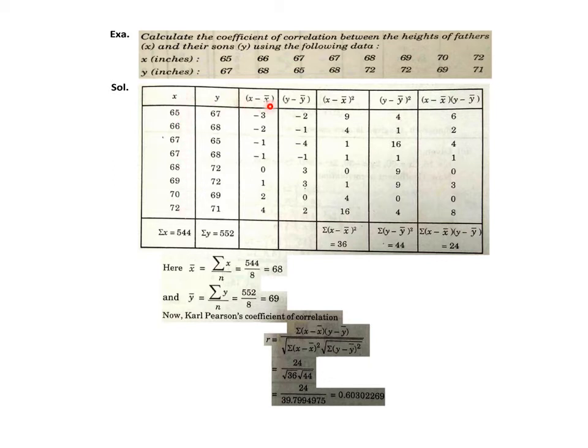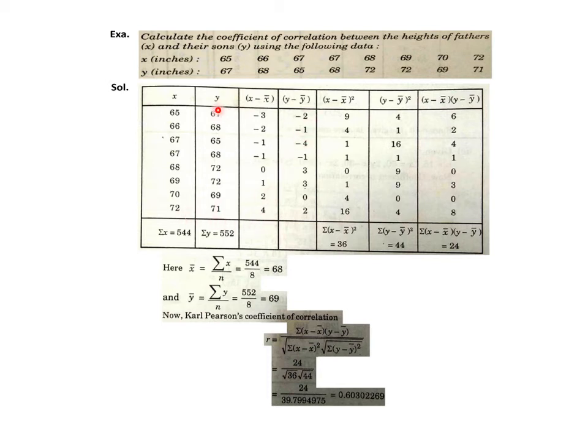So the first value is 65 minus 68, which is minus 3. Then 66 minus 68 is minus 2. Because x bar is fixed at 68, 67 minus 68 is minus 1, 68 minus 68 is 0, 69 minus 68 is plus 1, 70 minus 68 is plus 2, 72 minus 68 is plus 4.